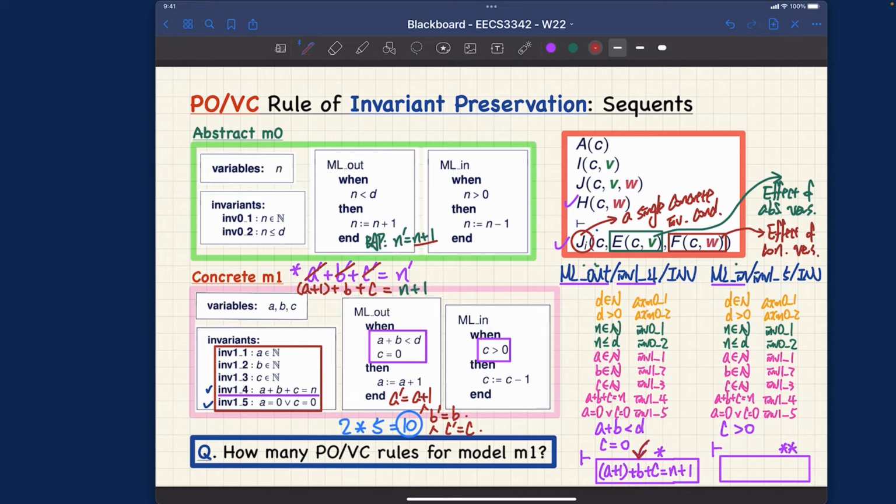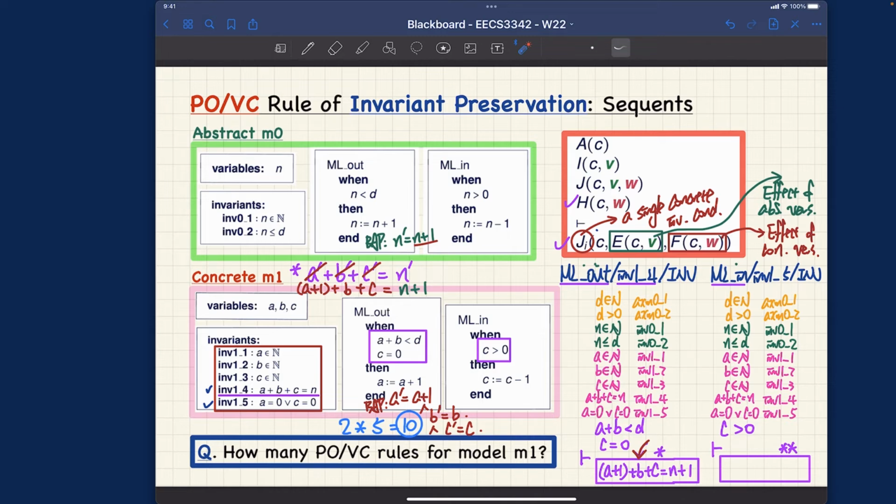I'm pretty sure you would know how to derive the corresponding post-state concrete invariants for ML in. But let's do one more together, because you've got the other 8 different sequents that you're supposed to do as exercise.